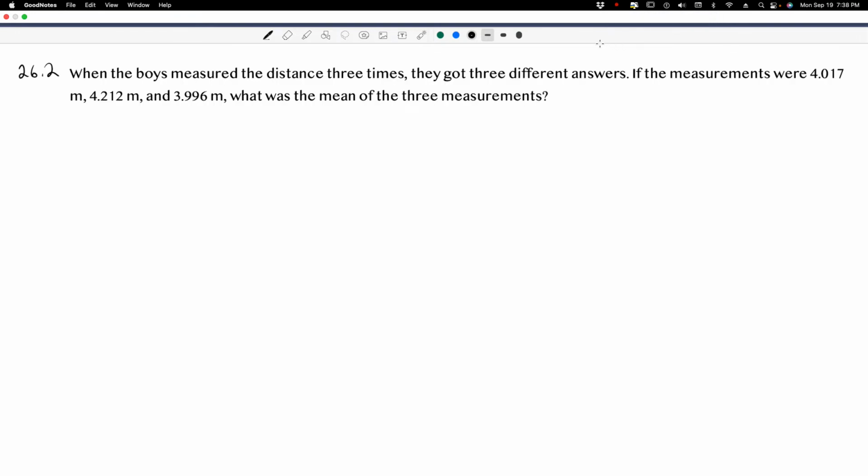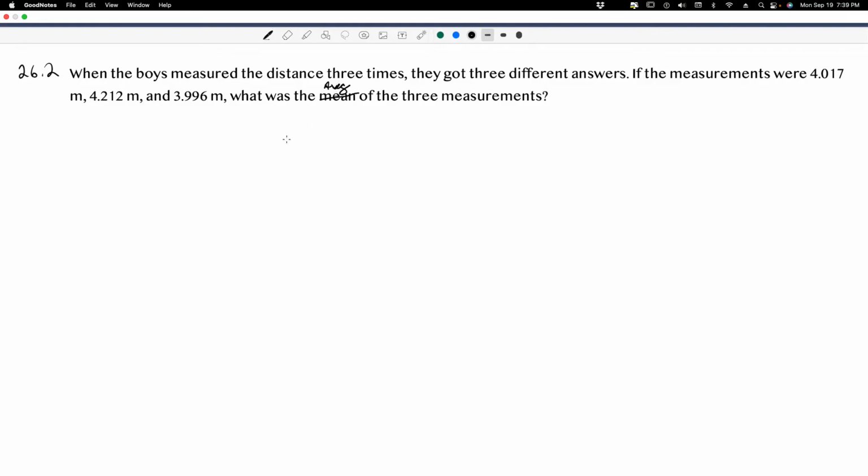If the measurements were 4.017 meters, 4.212 meters, and 3.996 meters, what was the mean of the 3 measurements? So for mean, we know we can just say average, right? That is the average. So that's what we're going to call that, the average of those 3. So we're just going to add them all up.